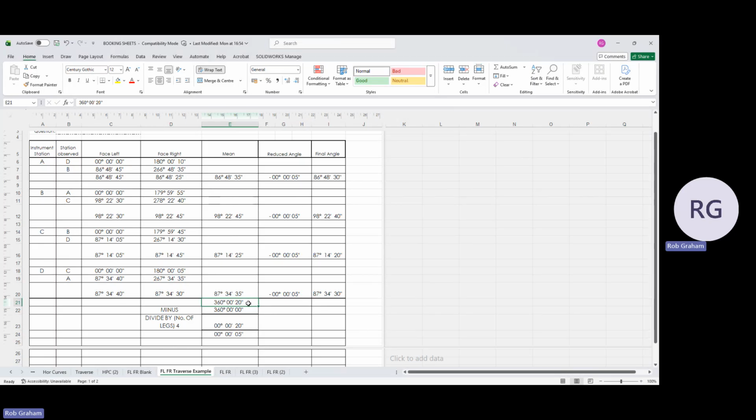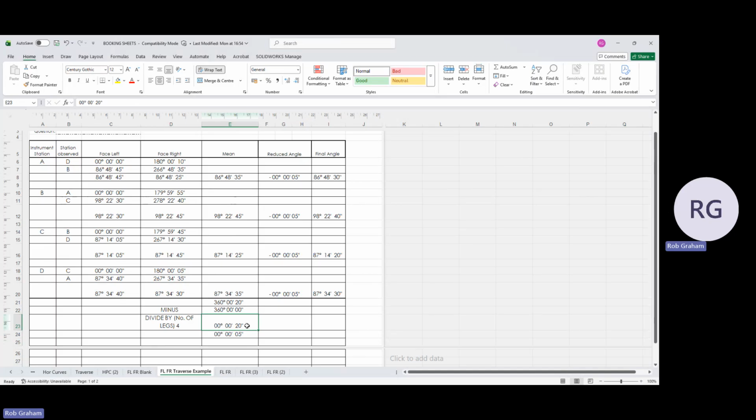That could be 360, 0, 0, 20, or the opposite of that could be 359 degrees, 59 minutes, and 40 seconds. They both vary the same amount from 360, but in this case, we are deducting 360 because our means tallied are over 360. So we want to deduct 360 to show what the variation is in our readings there. In our case, it's 20 seconds in this example.